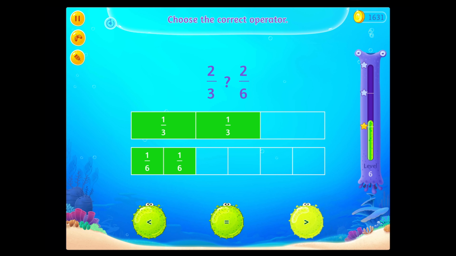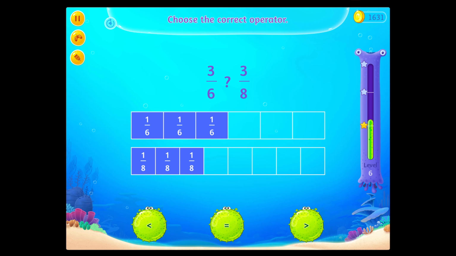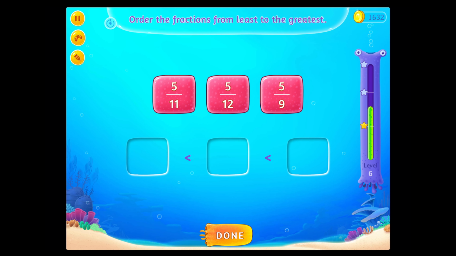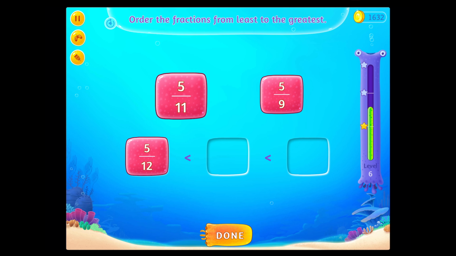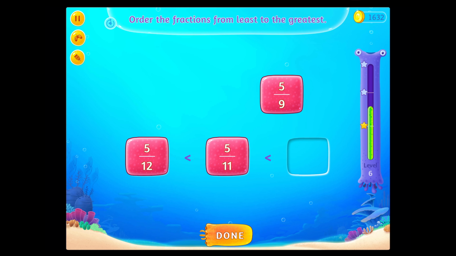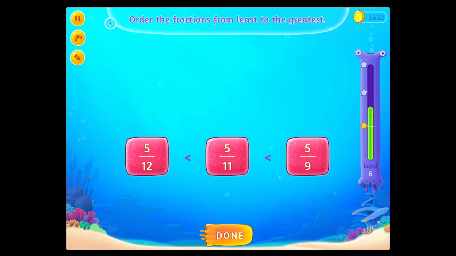Fabulous. Choose the correct operator. Good going. Order the fractions from least to the greatest. That's right.